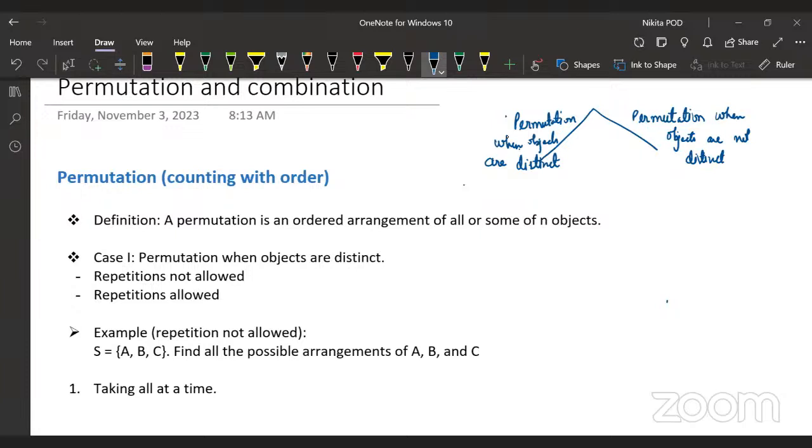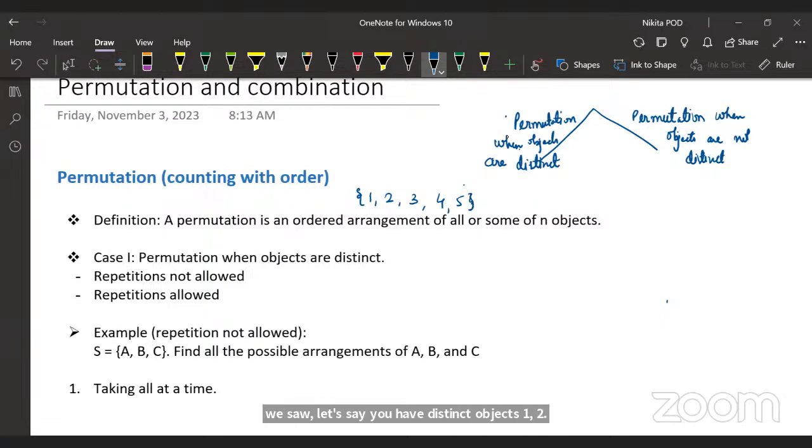So first let's look at the case when you have distinct objects. Let's say you have distinct objects 1, 2, 3, 4, 5. You know that all these 5 objects are different, and you want to make the arrangement for that.